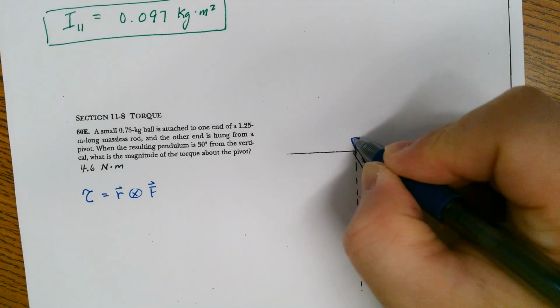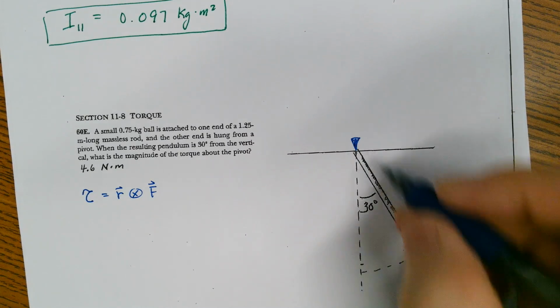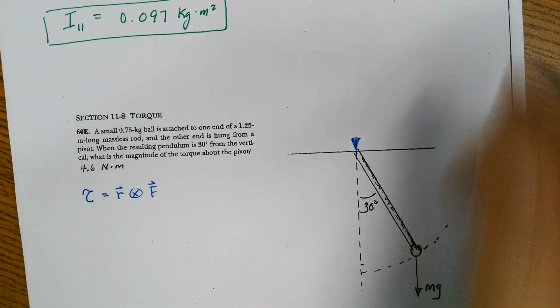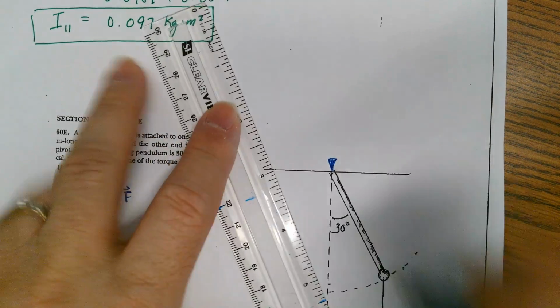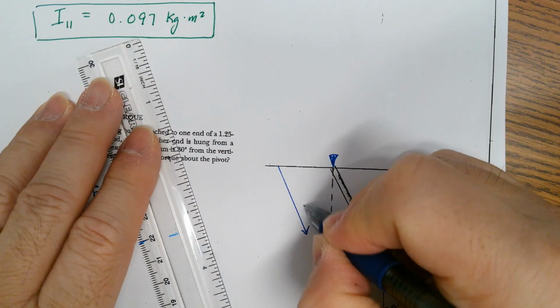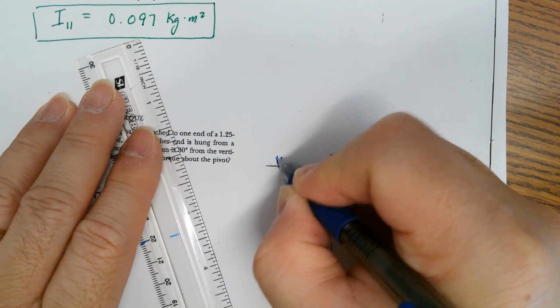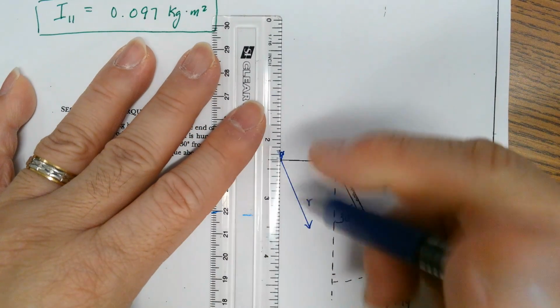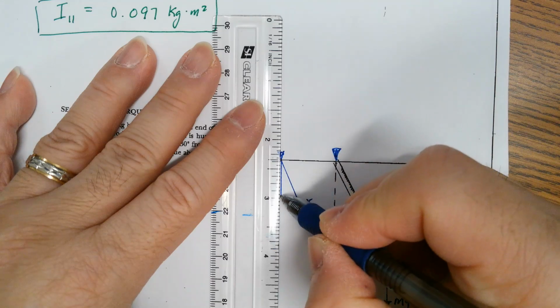If I were to redraw this from the common pivot point, here's my R, and here's my F. I'm going to slide it up there.